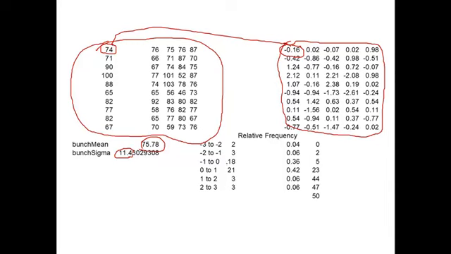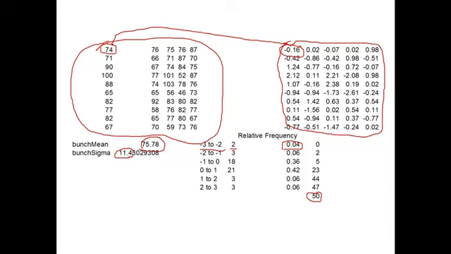I then broke it down into a relative frequency table here, counting the things which have standardized between -3 and -2. There were 2 of those out of the 50 total scores, and 2 divided by 50 is 0.04.